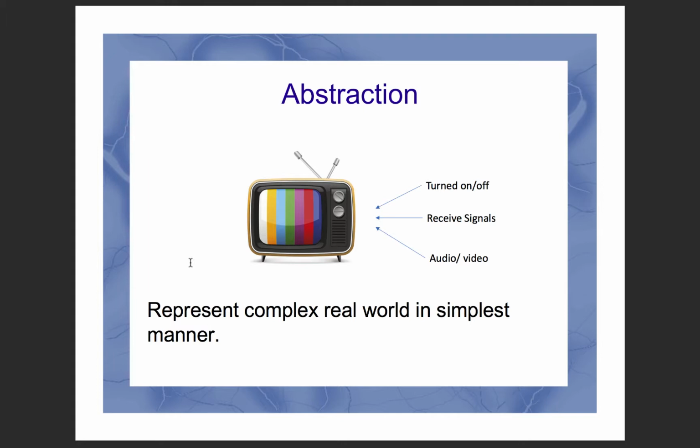So presenting a complex real world in the simplest manner is a kind of abstraction, which tells you this is the logical model of these objects. You don't know any implementations, you just know how to use them. So this is one pillar of object-oriented programming.